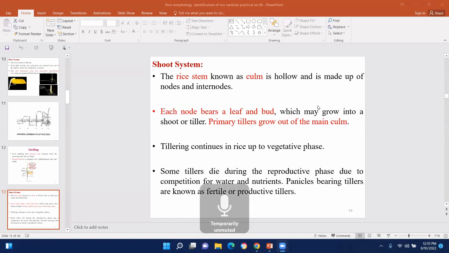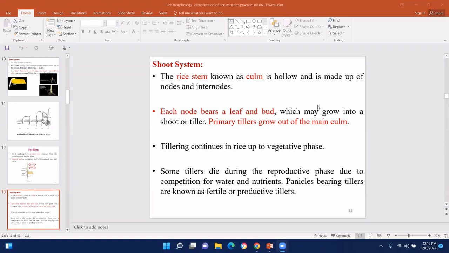Okay, then the shoot system. You know the rice stem, we already studied it. The stem has node and internode spots during growth and development. The length of the internode will increase.